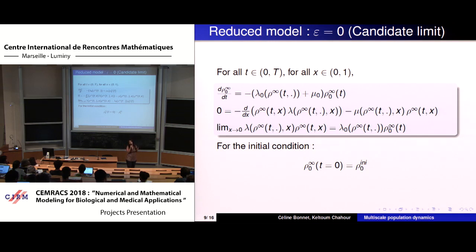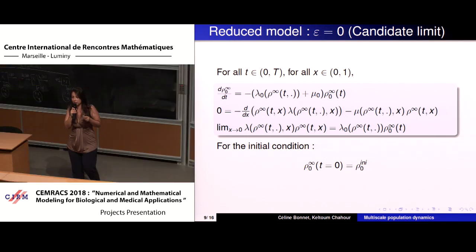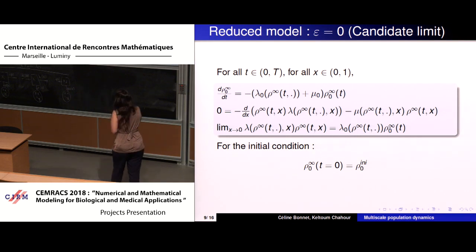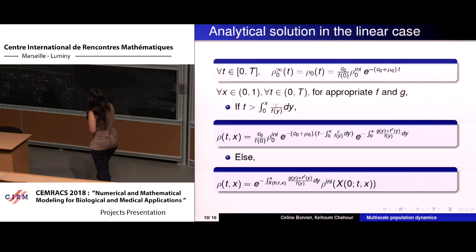In fact, the density of the growing follicle is at a quasi-steady state all the time. So it's really the idea that the dynamic of the quiescent follicle is very slow, so the growing follicle have time to be in a quasi-steady state all the time. It's this idea.